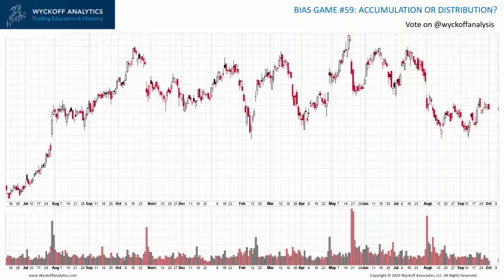All right, maybe this is a great opportunity for us to discuss exactly what is happening here. So why don't we have the discussion about this chart right now? First of all, let me ask you right away, what do you think the bias for this trading range is? Is it an accumulation, or rather reaccumulation? But we usually would say accumulation, just not to confuse people who are not that familiar with Wyckoff.